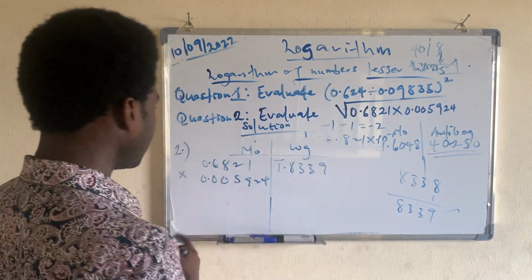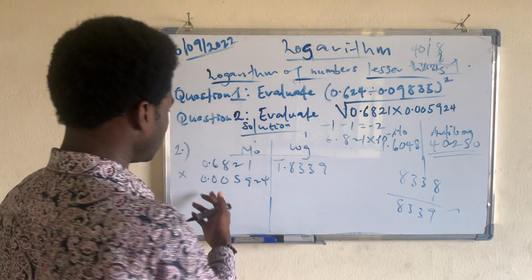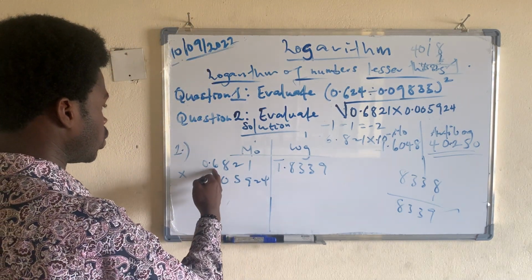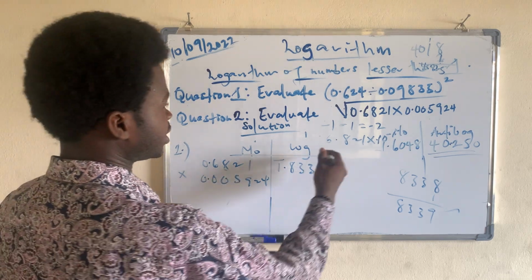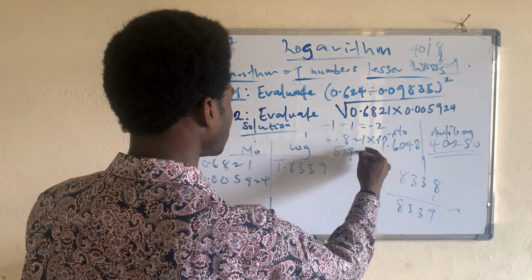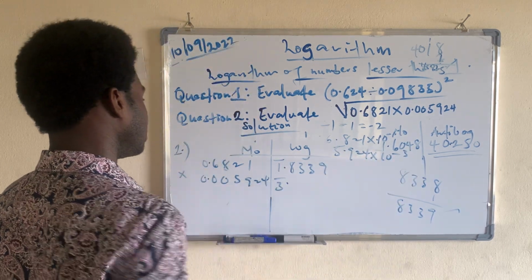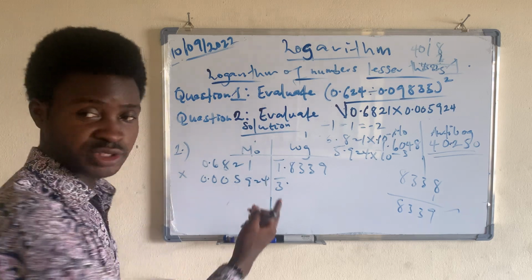Also, the next number I would convert to standard form. This is 1, 2, 3. I move 3 times, so I have 5.924 times 10 raised to the power minus 3. So I have this to be bar 3 dot 59 under 2 difference 4.